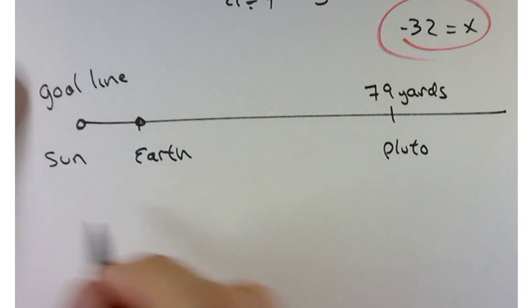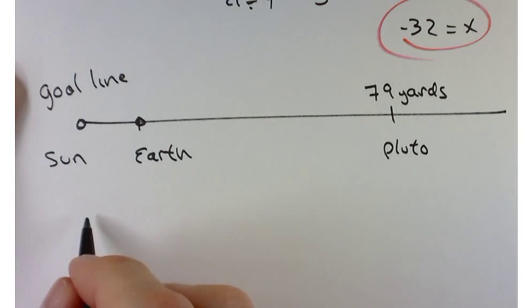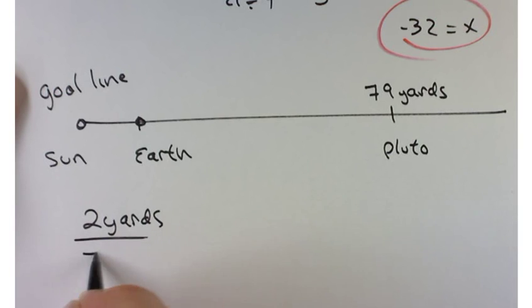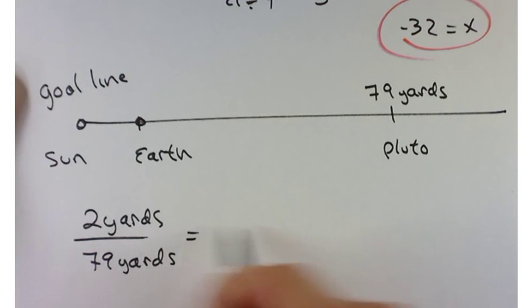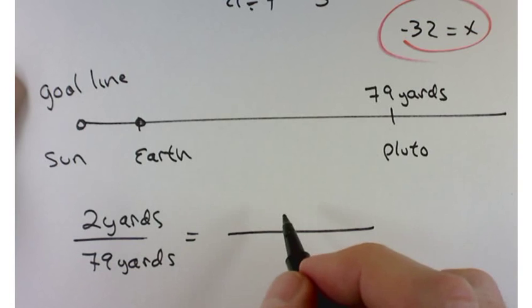So let's think about it this way. The Earth, it's 2 yards compared to 79 yards, as the distance from the Earth compares to the distance from Pluto to the Sun.